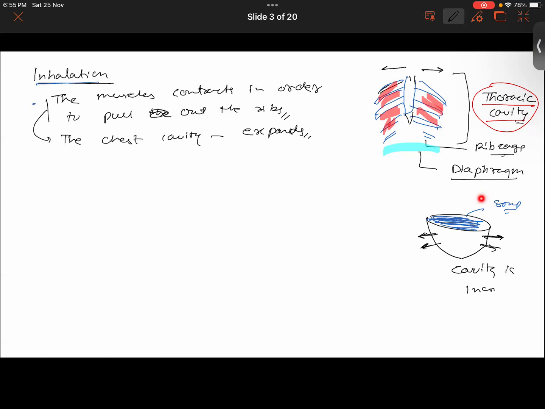So thereby, more soup can be filled in this bowl. That's an example to help you understand. If you stretch it more, then you can fill more soup in it. Its size is increasing, so more soup can be filled in this bowl. In the same manner, the cavity is increasing, so thereby more air can be taken in.